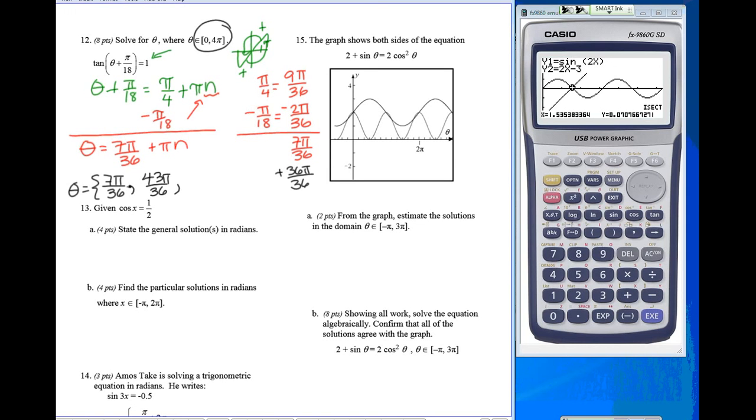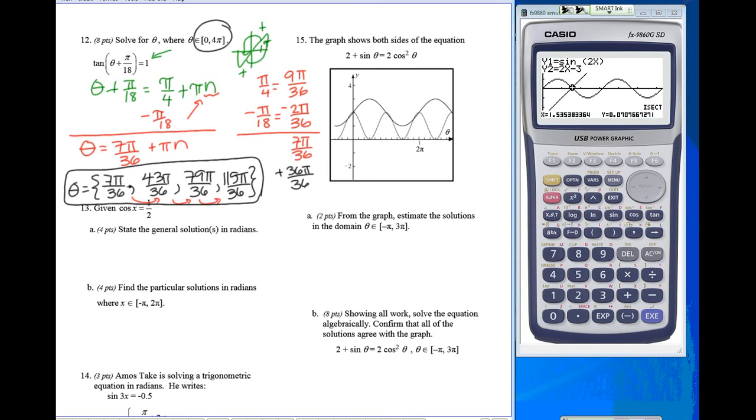Now I'm going to add another 36 to that, so that would be 79/36. And I could still add one more 36, which is 115 pi over 36. So I've just added pi 3 times. Clearly if I added any more, I'm going to be bigger than 4 pi, so I'm going to stop there.